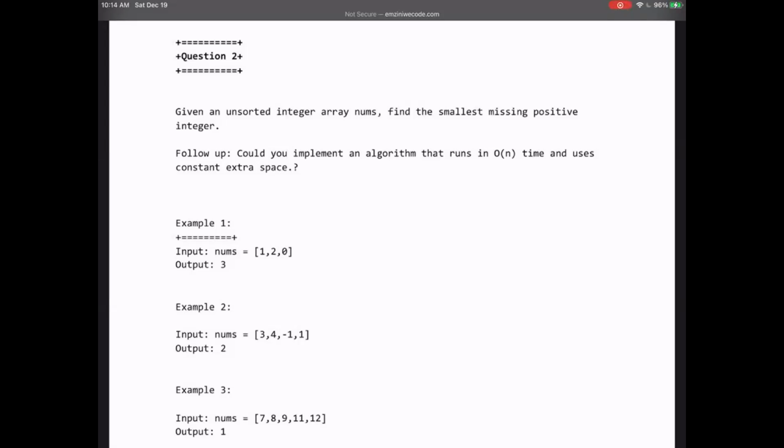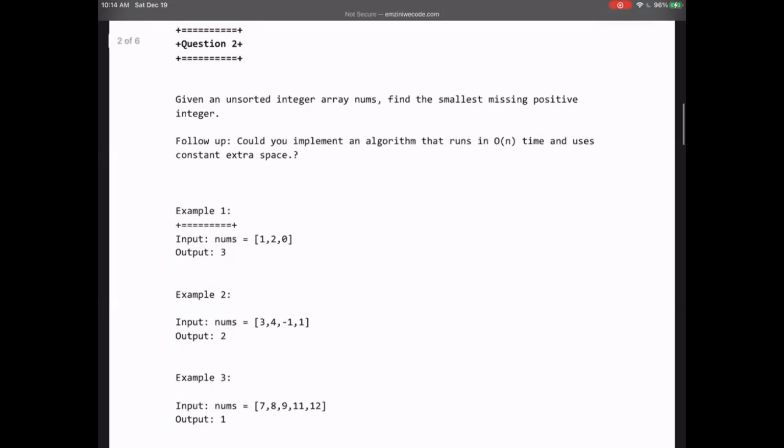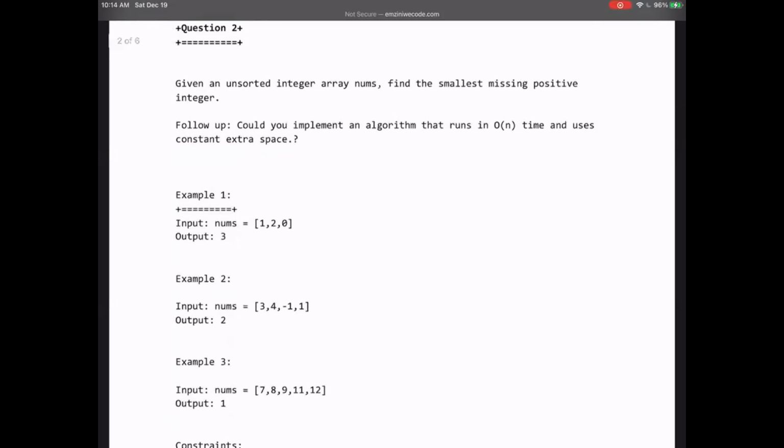Okay, so any thoughts, ladies and gentlemen? Perhaps you could first start by sorting the array. Okay, so you say this array. Let me take screenshots of this.